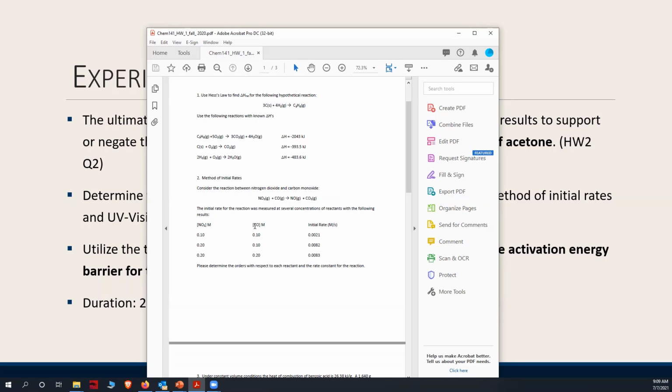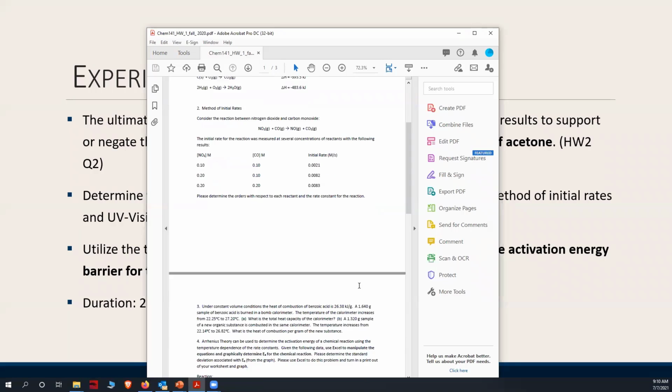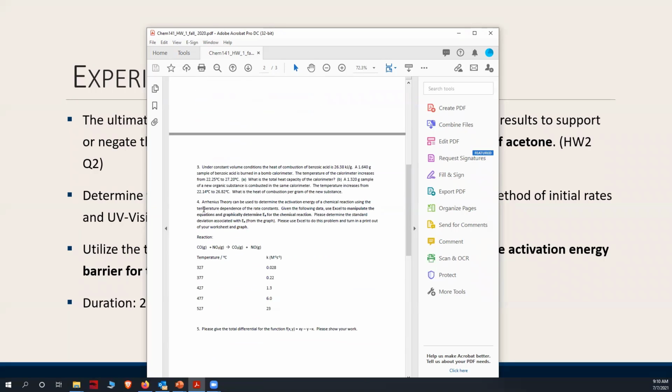We'll do the same for the second reactant. We'll make the concentration of the first reactant constant, change the concentration of the other reactant, then measure the initial rate and correlate back to the reaction order.